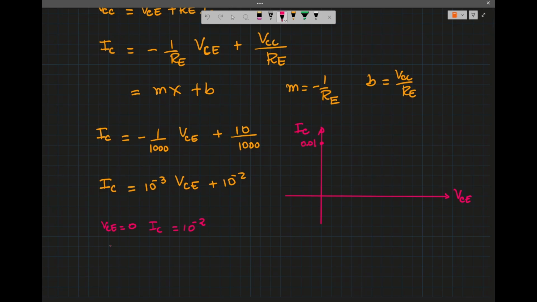And then when IC equal to 0, VCE will be equal to VCC, 10. Okay, so that is going to be the DC load line, and the Q point, which is VCEQ and ICQ, are going to be here.